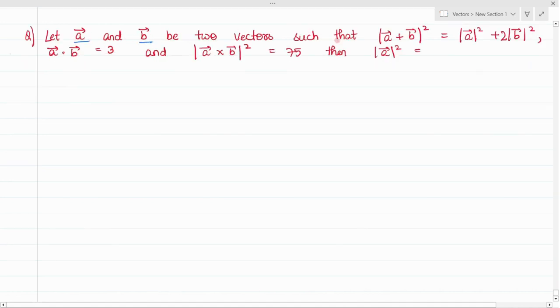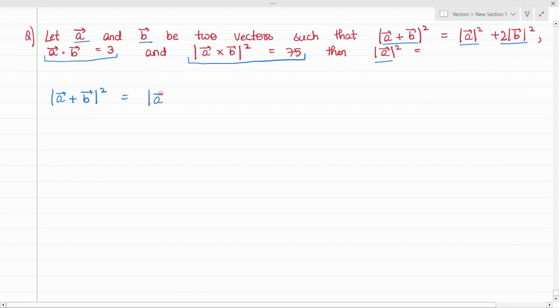Two vectors are given. One is A, one is B vector, such that mod of A plus B whole square is equal to mod A square plus 2B square is given, and A dot B value is given, and one more condition related to cross product is given. We need to find the value of A square. So first let's find what is A plus B whole square actually.